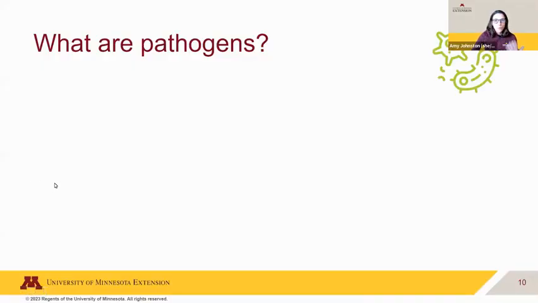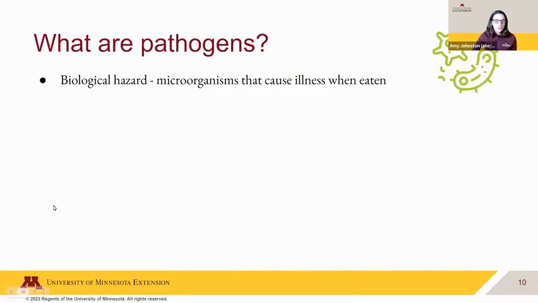To recap, what are pathogens? Pathogens are biological hazards which cause illness when eaten. Biological hazards are one of the 3 hazard types that can cause foodborne illness or injury when consumed. The other 2 hazards are physical and chemical.